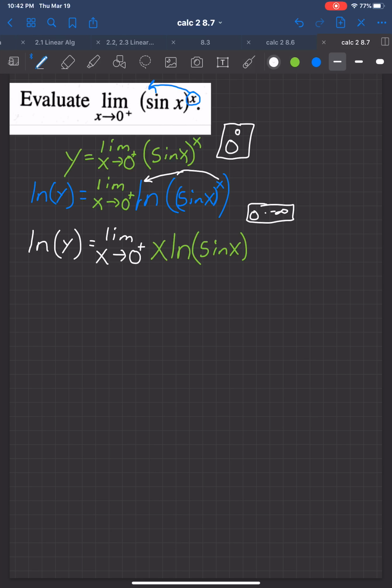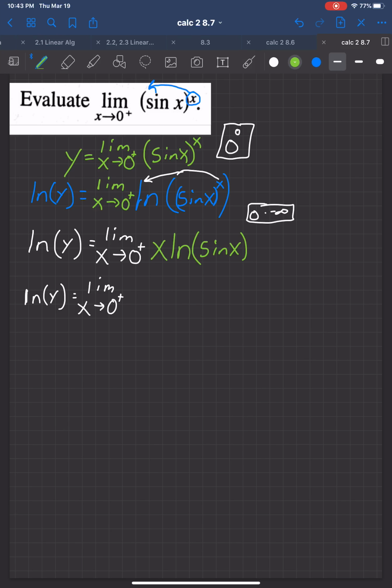So let me rewrite everything: ln of y equals the limit as x approaches 0 from the right. Now let's address how we're going to fix this. In order to get this to a quotient, I'm going to have to multiply by something.